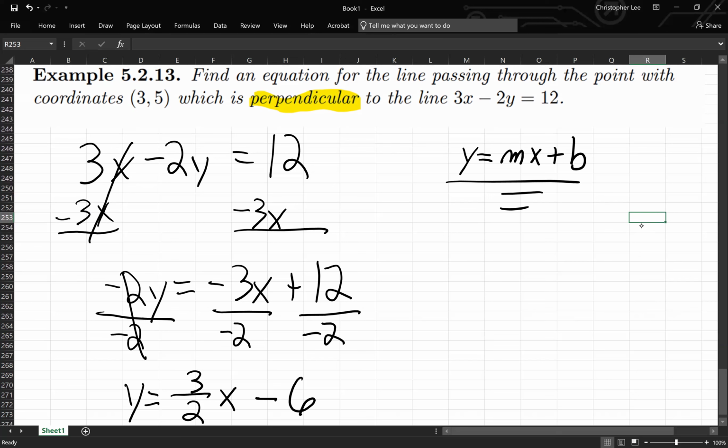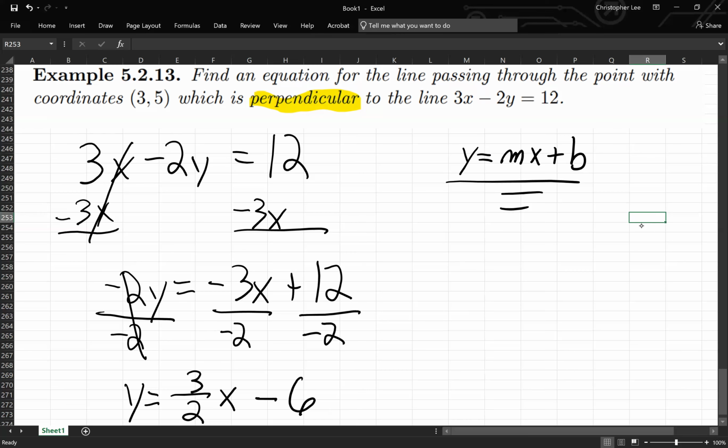They're different terms. You just write them next to each other. So what am I bringing down? The negative 2y equals negative 3x plus 12. And then you can divide by the number that's in front of the y, which is the negative 2.